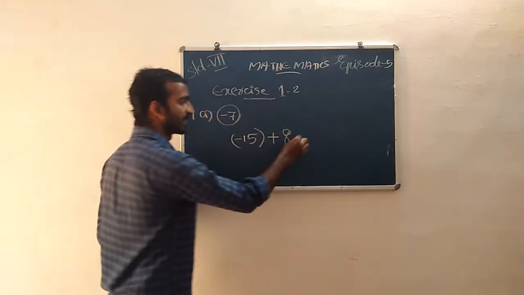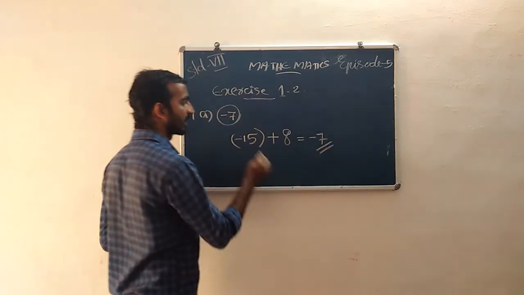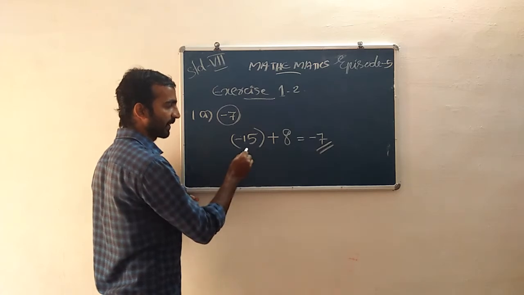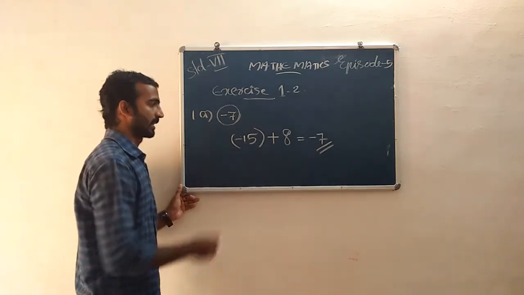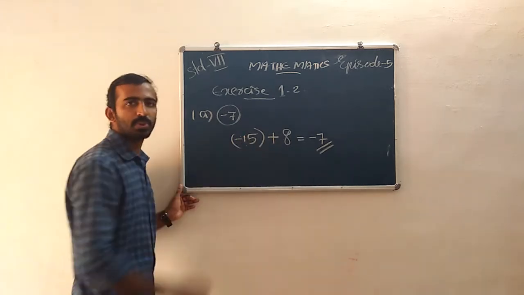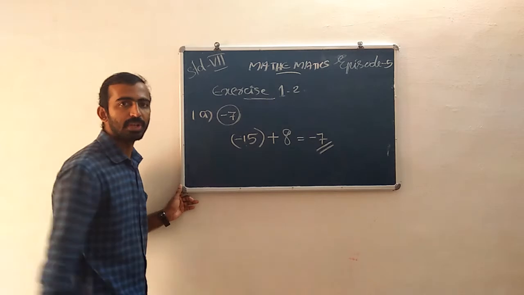What do we get? Negative 7. Here the integers have different signs, so we take the difference of these integers and put the sign of the bigger integer. Here 15 is bigger than 8.